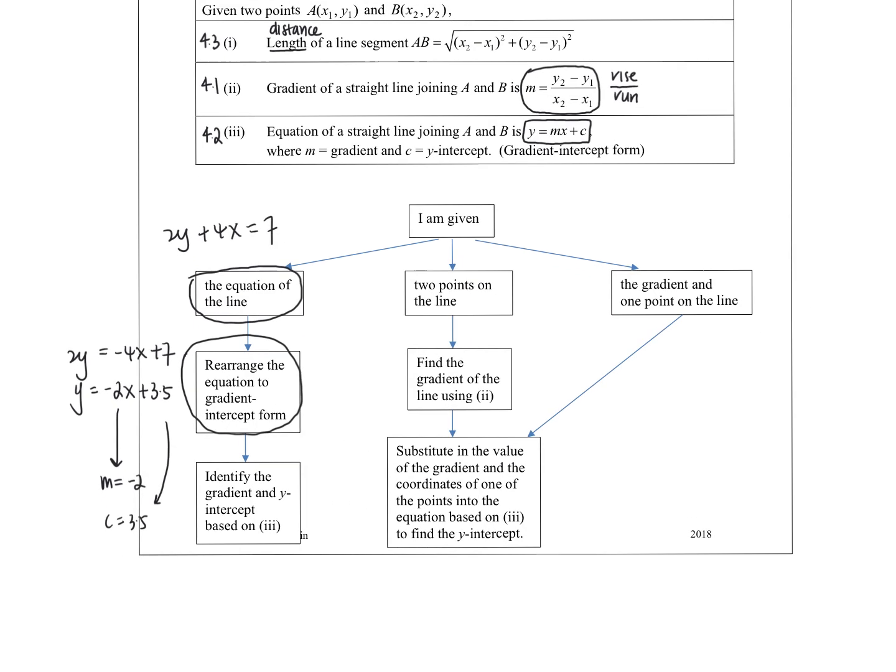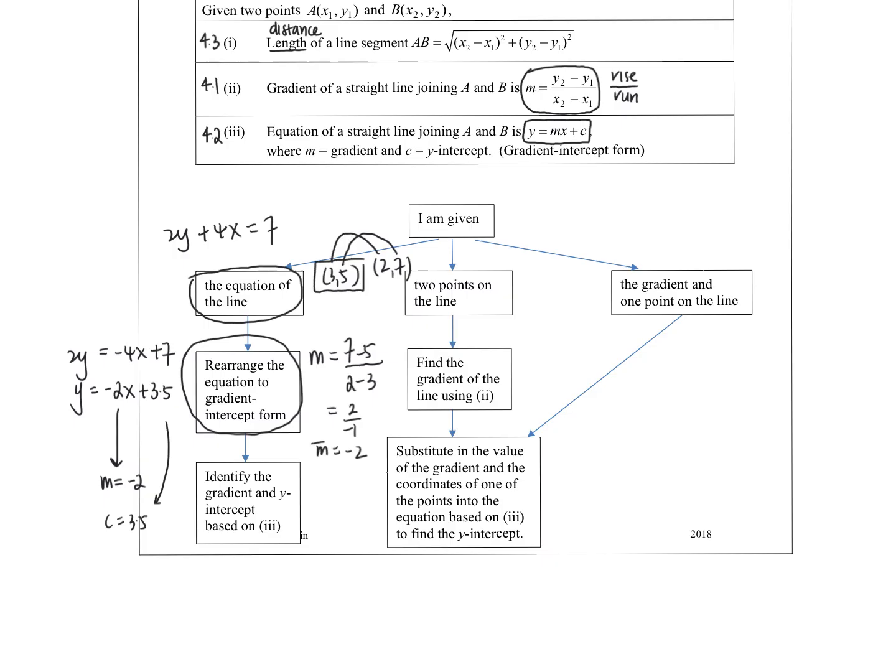Okay, part B, I could be given 2 points on a line. Let's say (3, 5) and (2, 7). I want to find the gradient by using y2 minus y1 over x2 minus x1. So that gives me a gradient of -2. Once I find the gradient, I choose one of the coordinates.